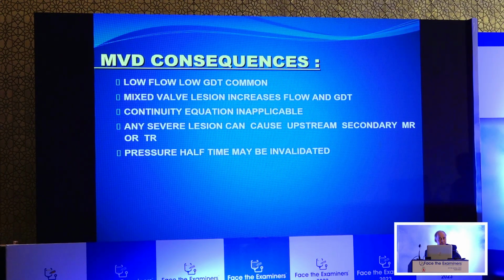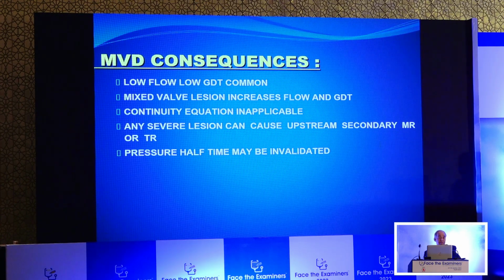The consequences of multivalvular disease sometimes are that there will be low flow and low gradients. A patient who has, say, a combination of mitral and aortic valve disease, and if both are stenotic lesions, both these lesions will produce a low cardiac output, and because of that there can be low flow and low gradient.